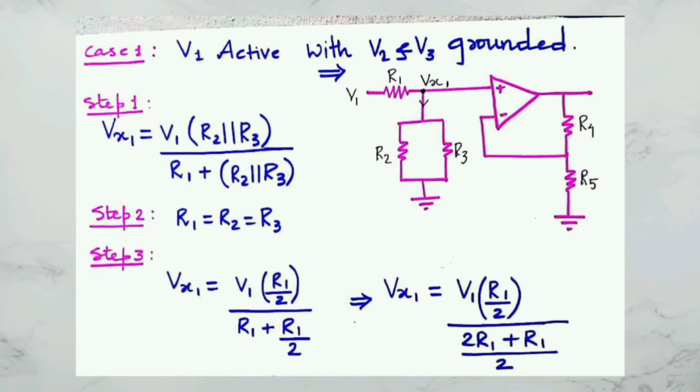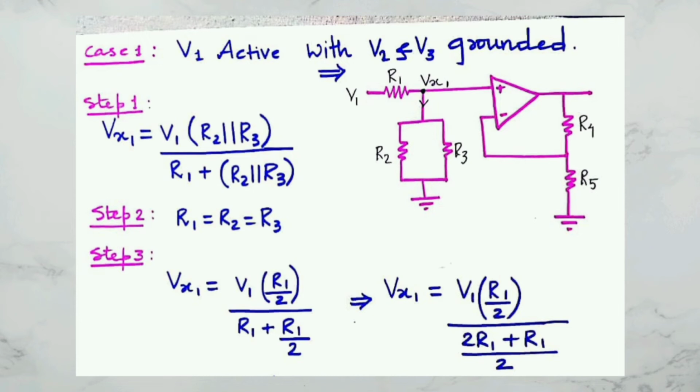By considering that statement, Vx1 is equal to, what is the total voltage here? It is V1, times the parallel connection of R2 and R3, divided by the sum of the resistors. The complete network is R1, R2 and R3, so the sum of the resistors will be R1 plus the parallel connection of R2 and R3.